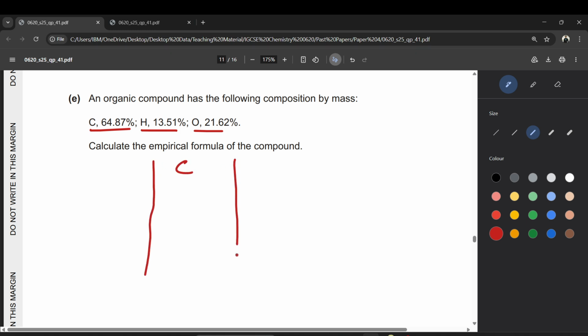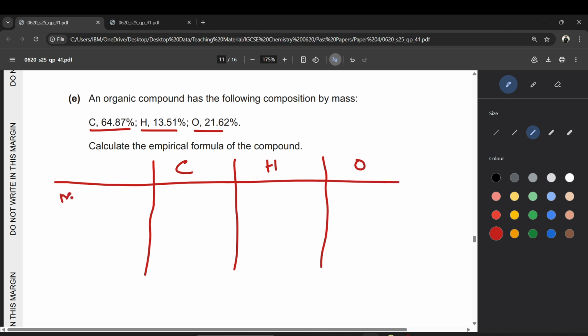This is hydrogen and this is oxygen. Over here, first of all, we write the mass, in grams. Because this is percentage by mass, I can say this is 64.87, 13.51, and 21.62. No need to write grams because I've already labeled it.